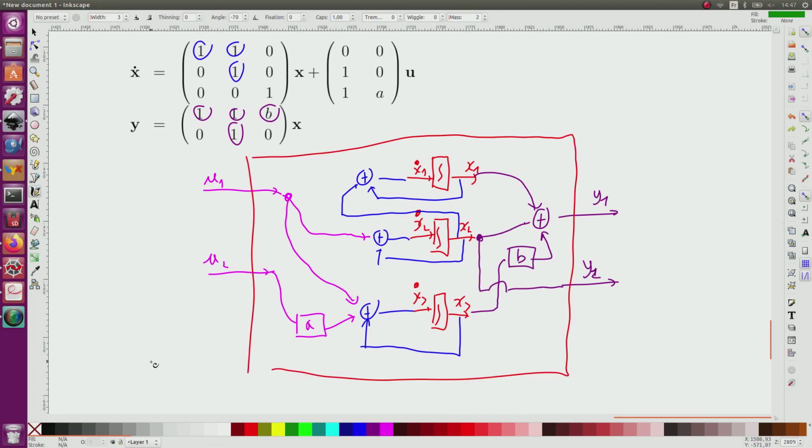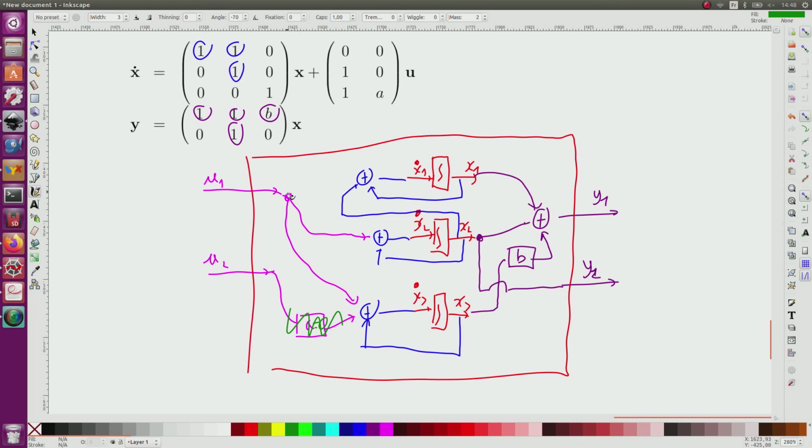Okay. The controllability and the observability cannot be directly obtained from the block diagram. I can see different things. For instance, I can see that when b equals 0, then x3 will not affect the output. So we can understand that if b equals 0, x3 is not observable. But assume that a equals 0, for instance. So this does not exist anymore. I can see that u1 will affect x2, will affect x1, and will also affect x3.